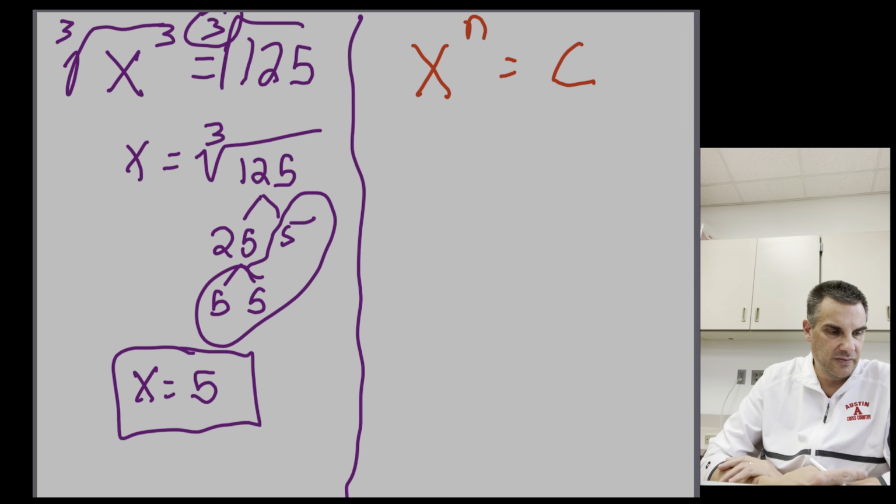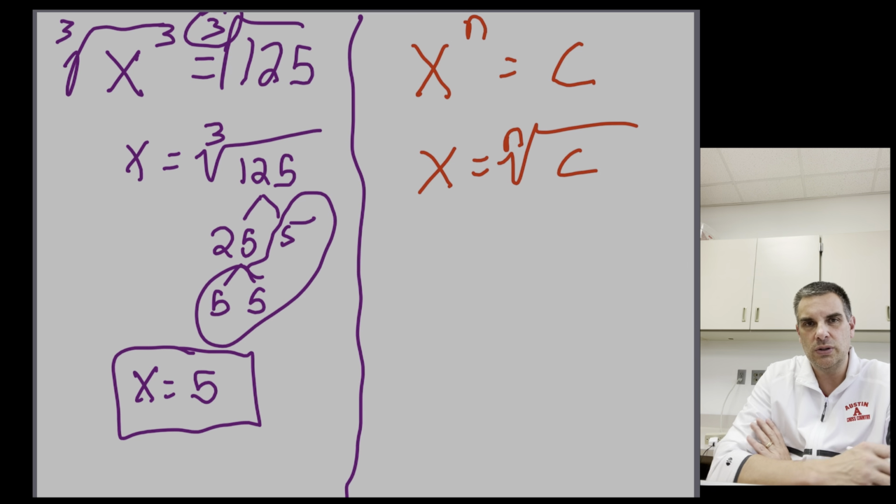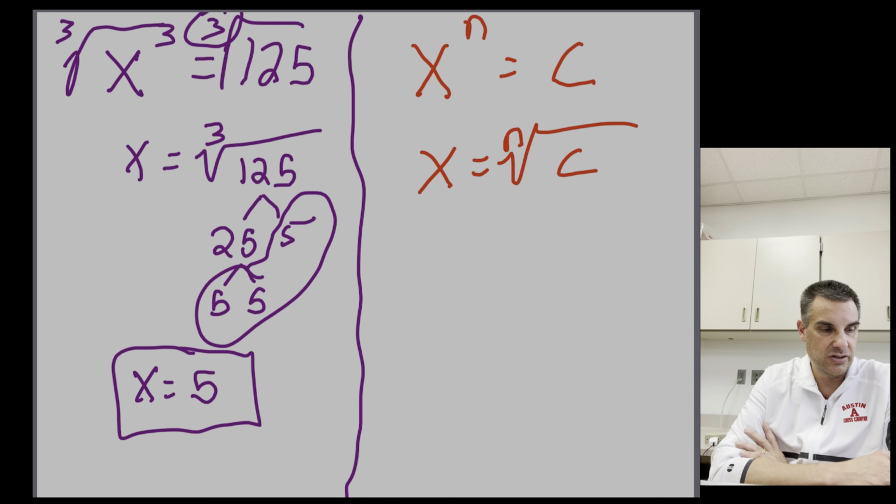This essentially says that you're taking the nth root of c. So if we were going to rewrite this, it would be x is equal to the nth root of c. And that's just a different way that we could talk about this.